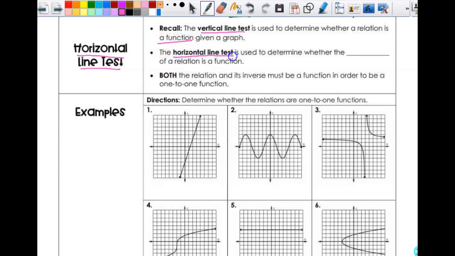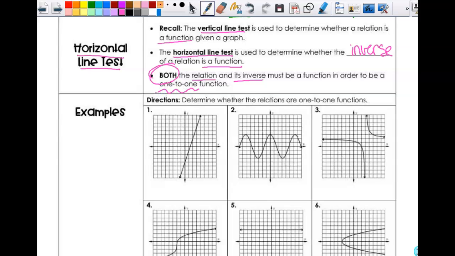The horizontal line test is used to determine whether the inverse of a relation is a function. So I don't have to actually find the inverse. I can just do the horizontal line test and see if it would be a function once I got it. So both a relation and its inverse must be a function in order to be a one-to-one function.